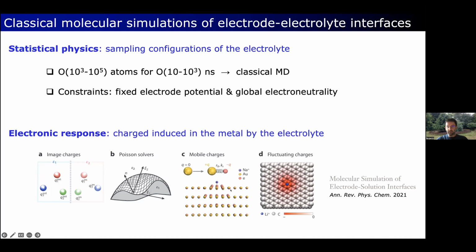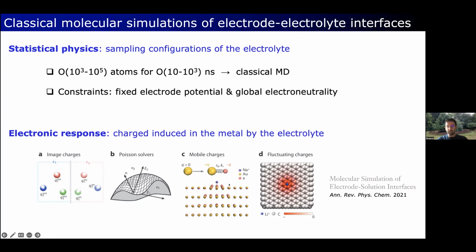Here is another example of how to deal with electronic response, or at least the charge distribution, how it responds to an external charge. Here, a sodium atom next to a gold electrode. You can do that by introducing a core shell model, which is represented here.